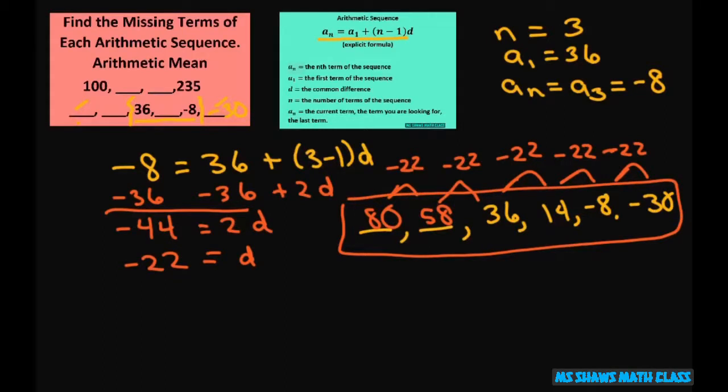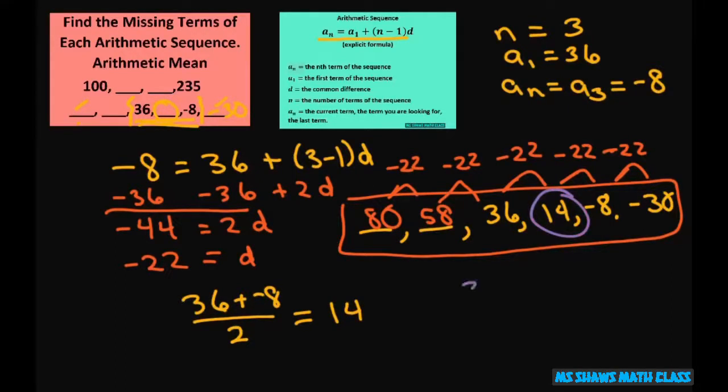You could have just taken the average of those two since you only have one slot in the middle and divide it by 2, and that would give you 14. That gives you that middle number.